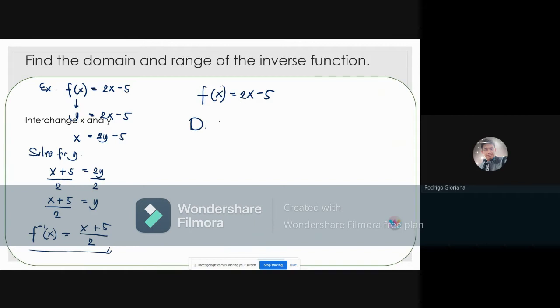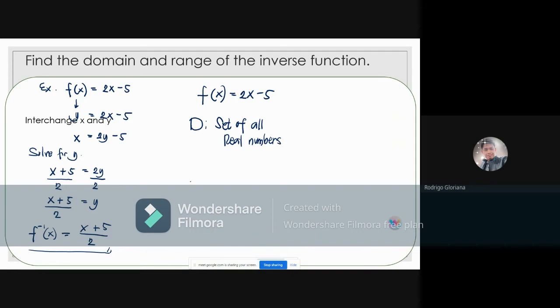So I mean to say, your x values are the set of all real numbers. That is the domain of the function f of x.